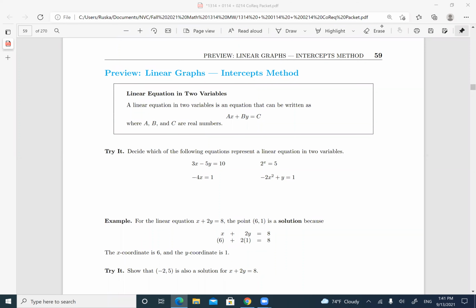So here we have page 59. We're going to talk about linear graphs, and there are different methods of graphing, and one of them is the intercepts method. When the equation is given in this form, ax plus by equals c, this is called the standard form of the equation, where a, b, c are numbers, okay?